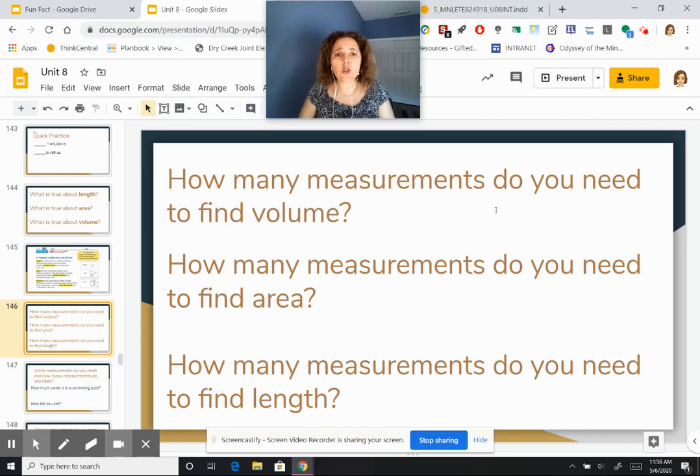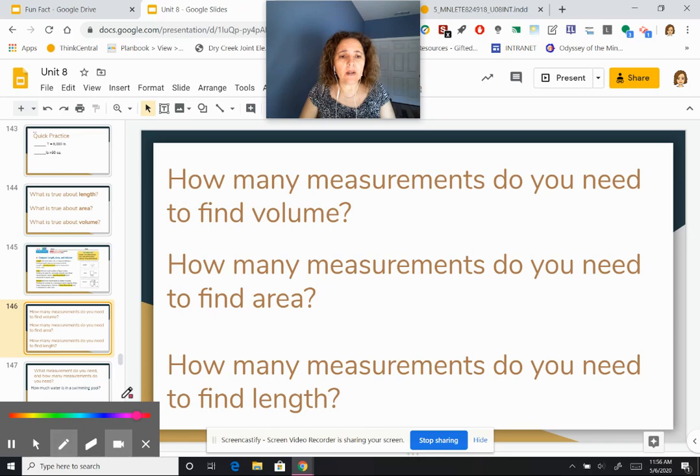So how many measurements do you need to find volume? Stop the video and write it down. Okay, if you said you need three measurements on volume, you would be correct. We need three measurements. So three measurements to find volume. How many measurements do you need to find area?